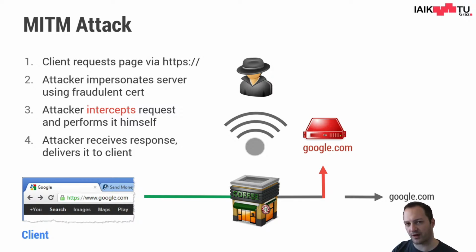Of course, if the client does so, the attacker also has all other abilities to interfere with the communication, not only listening in. The attacker can also change content, inject JavaScript, keylogger, and so on. So this is where you're doomed if the user actually would accept this.